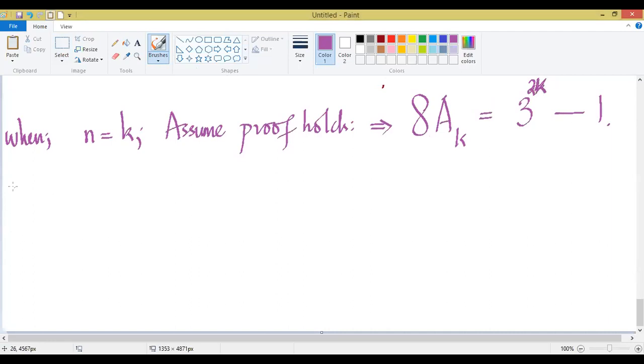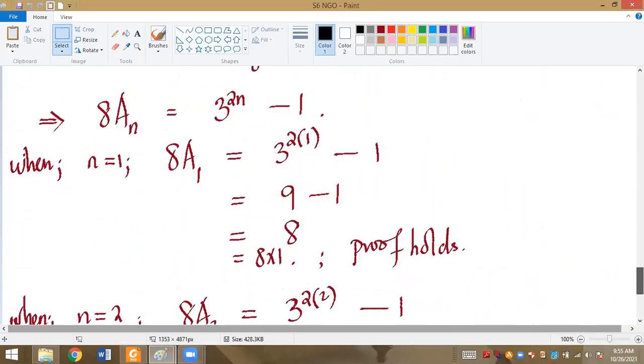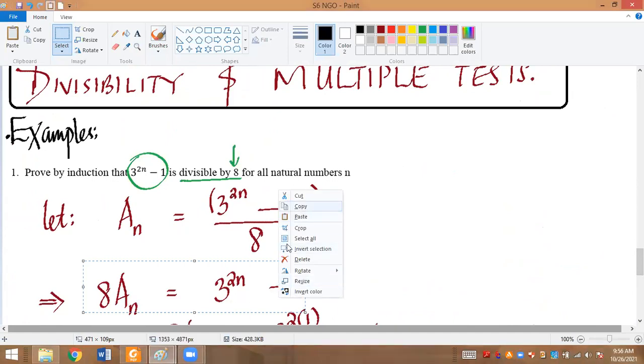Now, what about when n is equal to k plus 1? What will happen? Our induction stage, or our expression we are deducing, is 8a_n equals 3 power 2n minus 1.